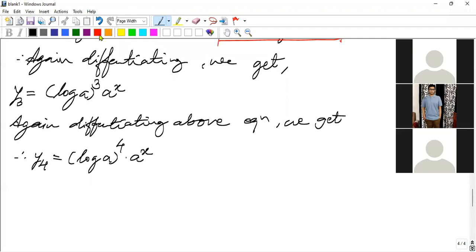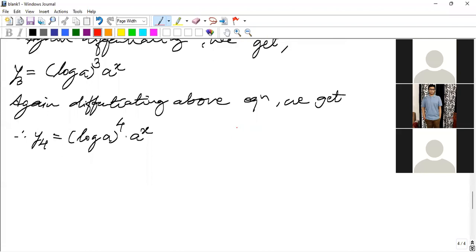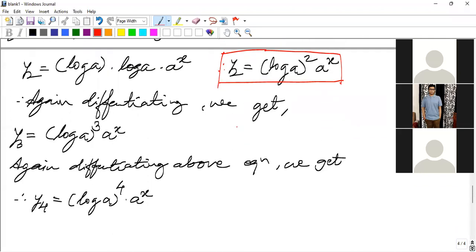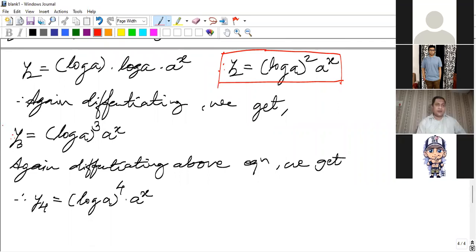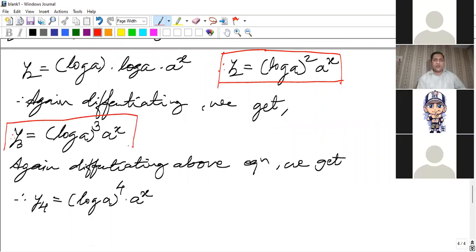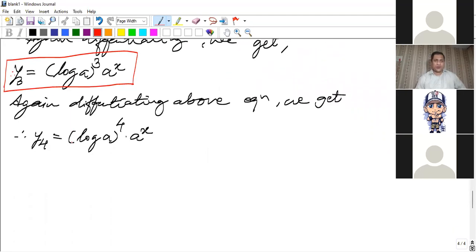Sir, do we have to write all the things like again differentiating with respect to x, or can we directly solve the problem? Better you write, so that the reader will understand that you know it perfectly what you are doing. For me, you students are the reader.